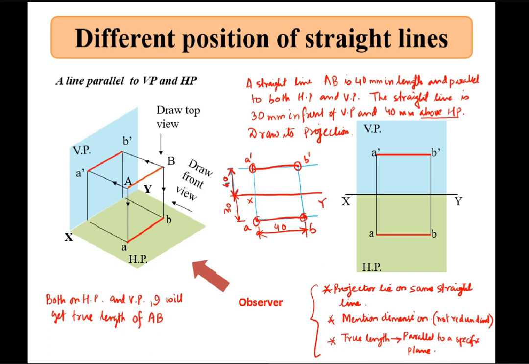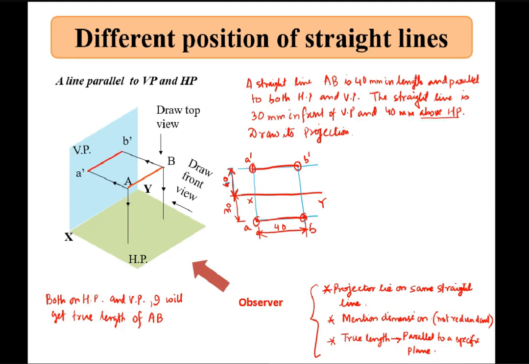If you go back to the previous case, where the line is parallel to one plane and perpendicular to another plane, you can see the true length only in the parallel plane. Just go to the previous slide.